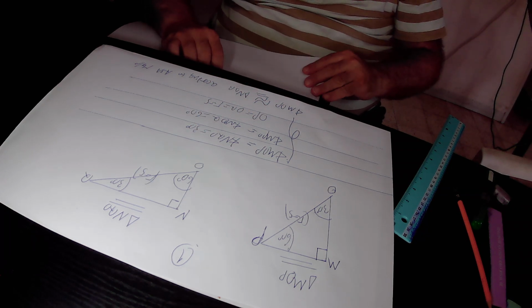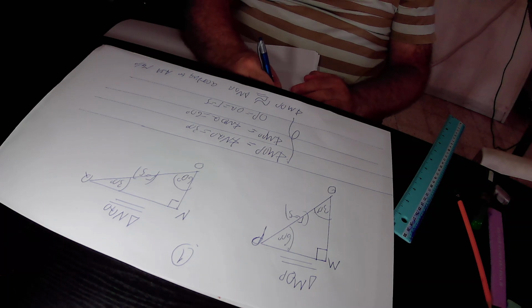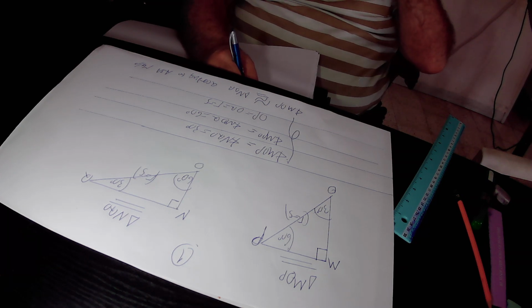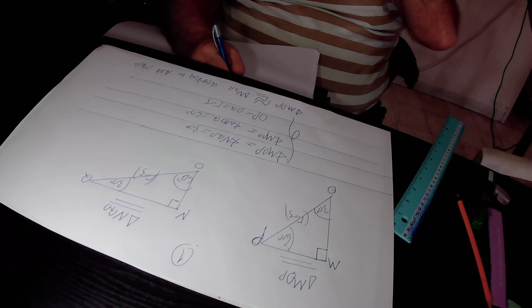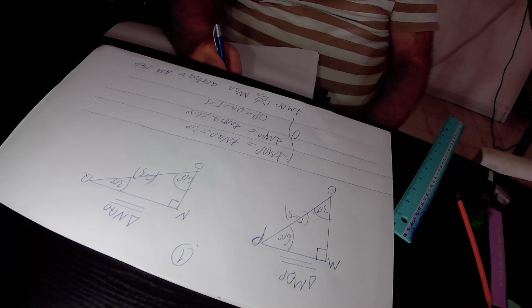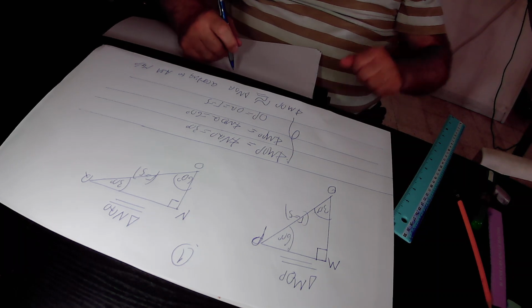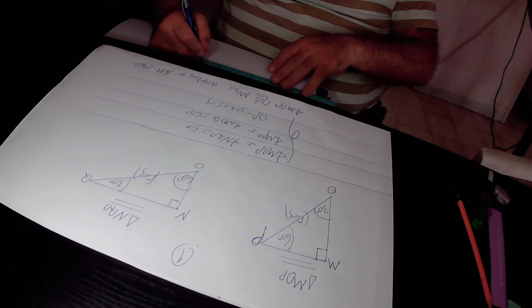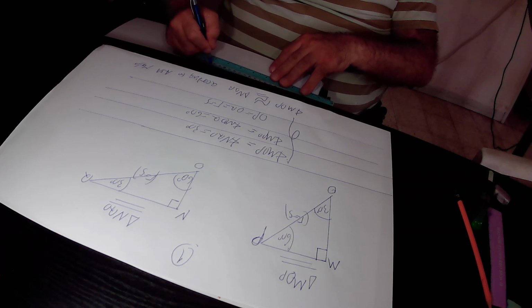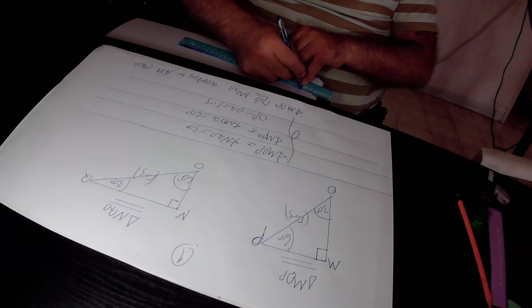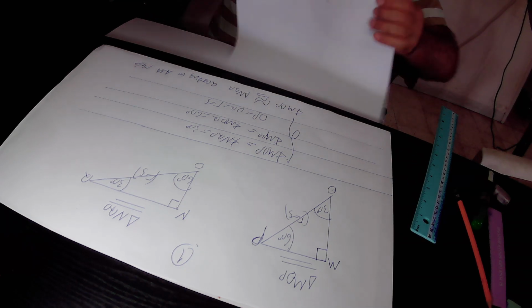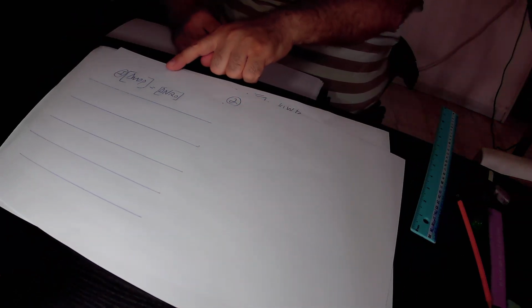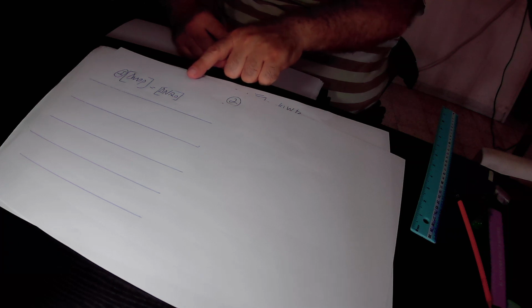So I write it down: the area of the right triangle MOP is equal to the area of the right triangle NQO.